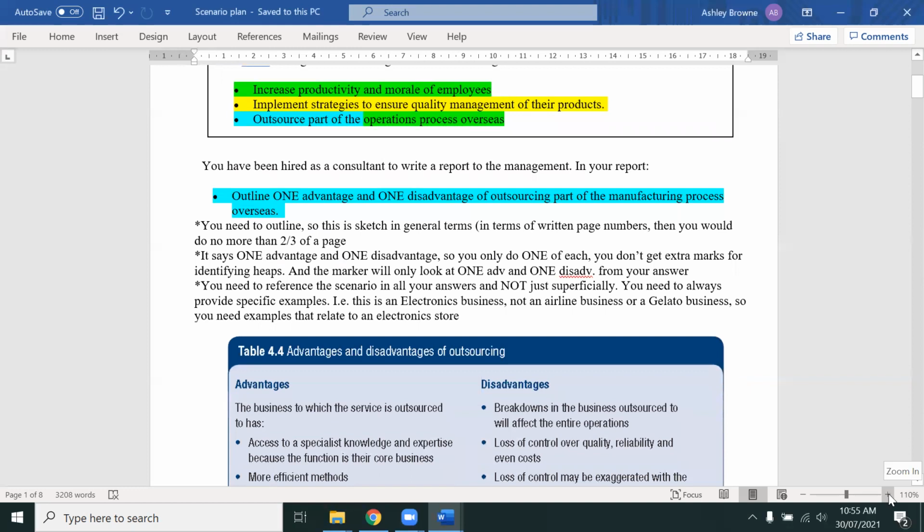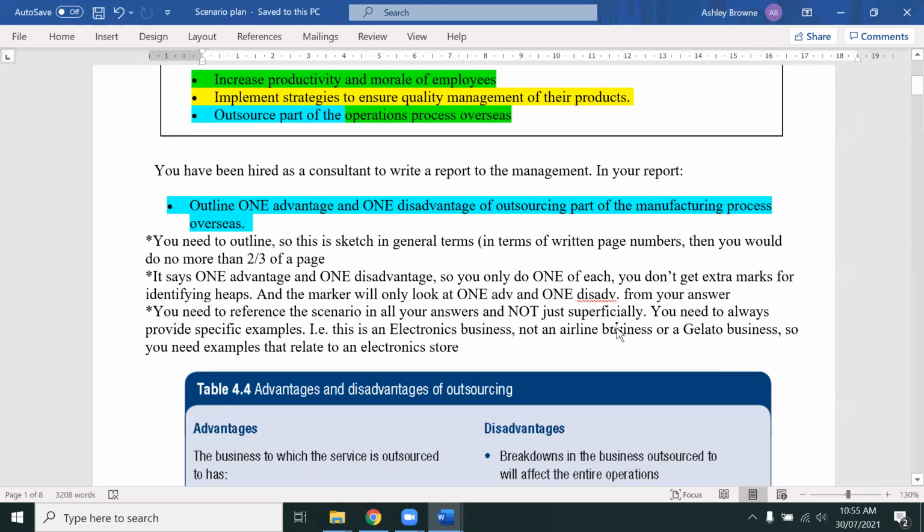Make this a little bit bigger. All right, so the first thing here, guys, directive term, directive verb, it's super important you know it. So it's an outline question. This means to sketch in general terms, but also understand that it's an HSC essay. So it's not an outline like you would see in a short answer that's probably 4 lines.